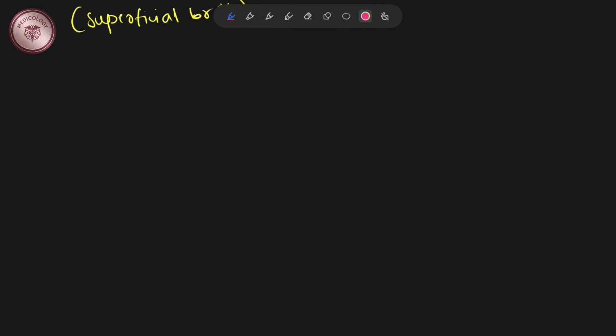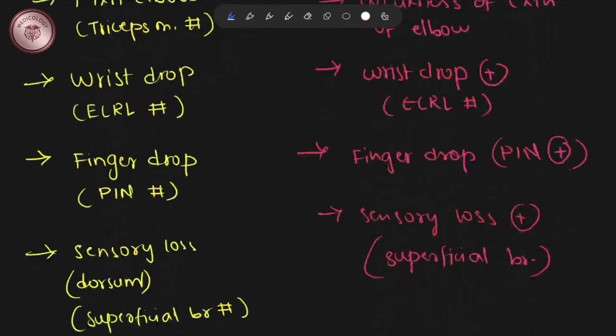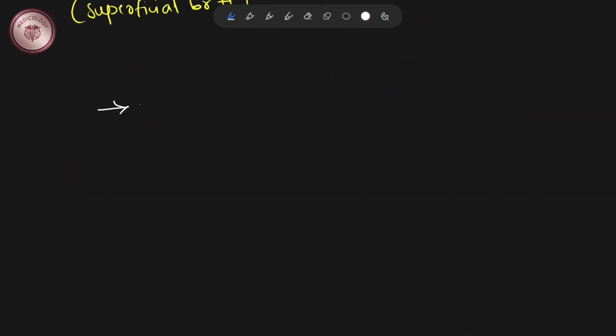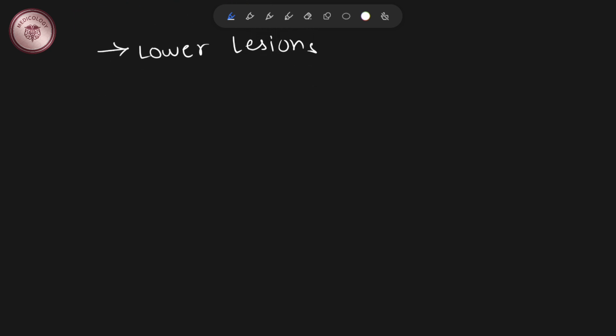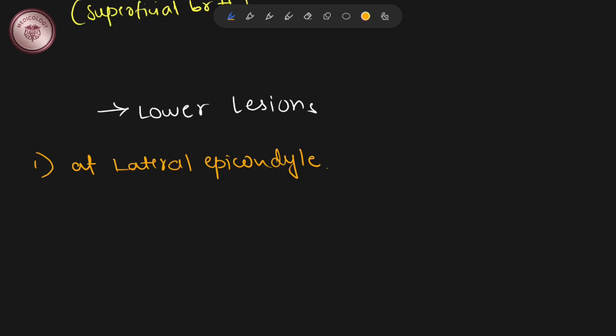Now let's do the lower lesions. This was about the higher lesions. Where can we see the lower lesions? First, at the location of the lateral epicondyle. Let's trace it down again.